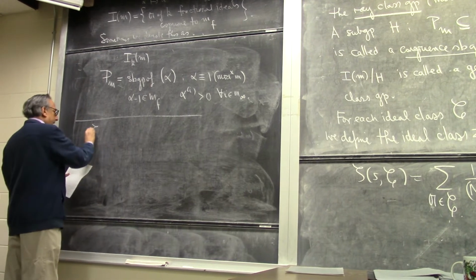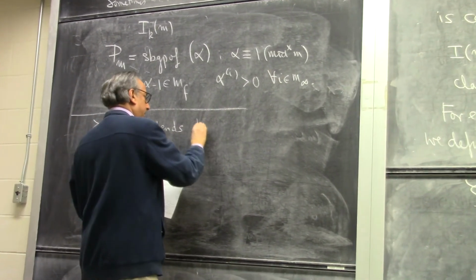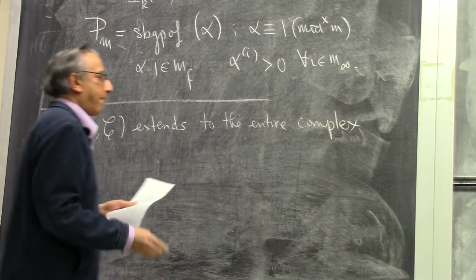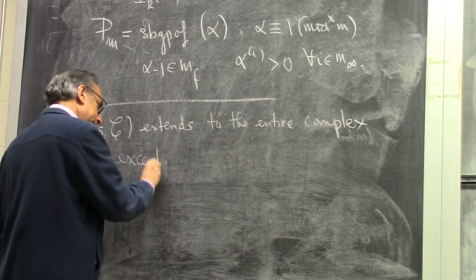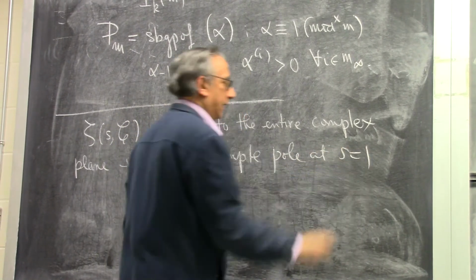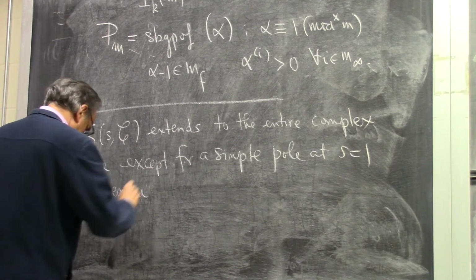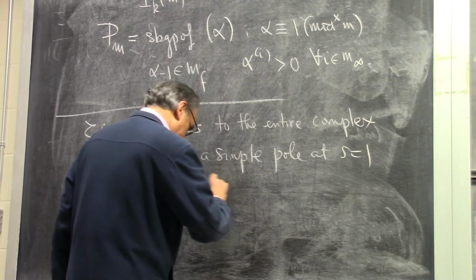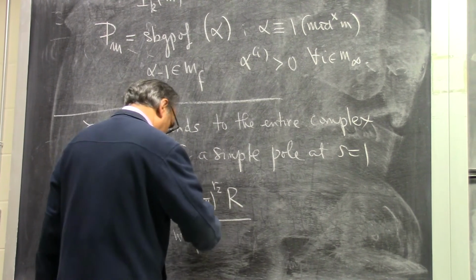The fact is zeta_K(s, C) extends to the entire complex plane except for a simple pole at s equals 1, with the residue 2 to the R1, 2 pi to the R2, times the regulator R divided by W, square root of the absolute value of the discriminant.